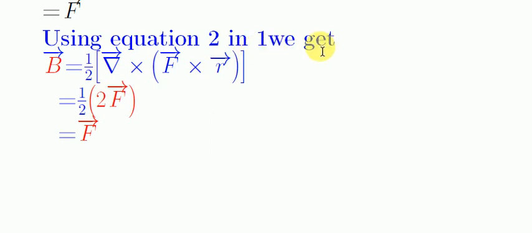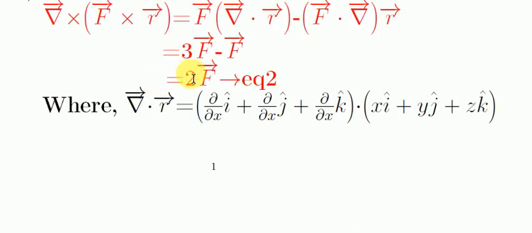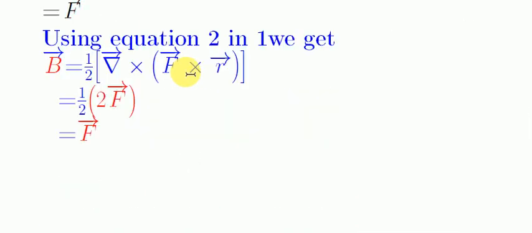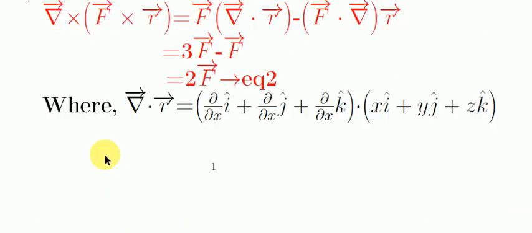So B equals half of this, and with 2F we get B equal to F, which is a constant vector here. This is the solution of the problem: A is the magnetic vector potential, we had to calculate the magnetic field, and we have calculated that magnetic field B equals F.